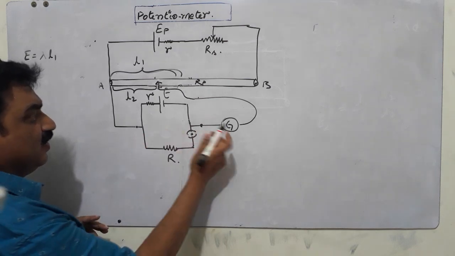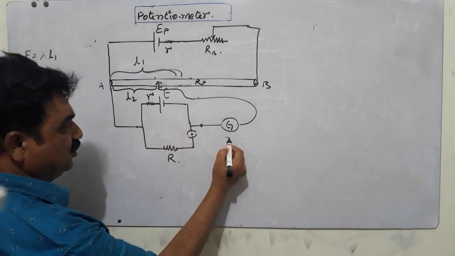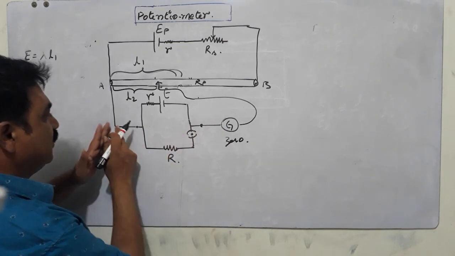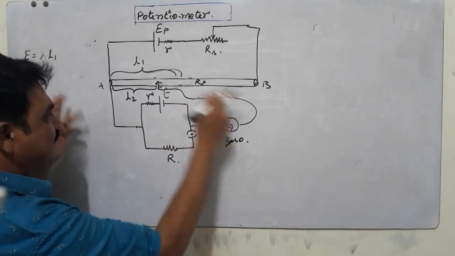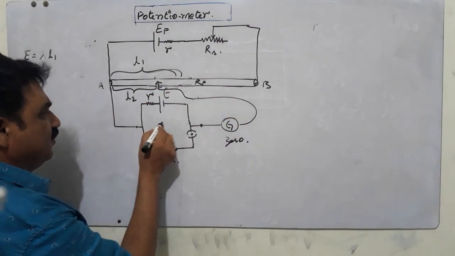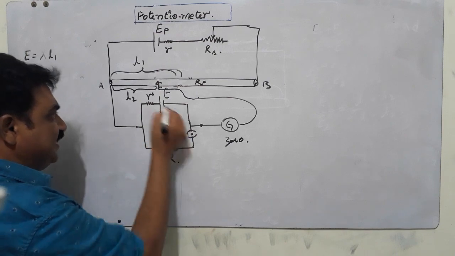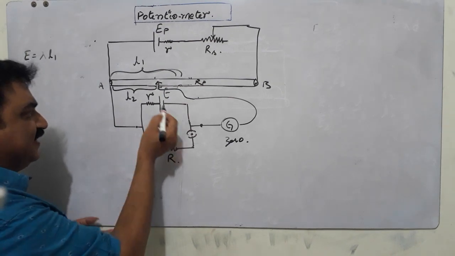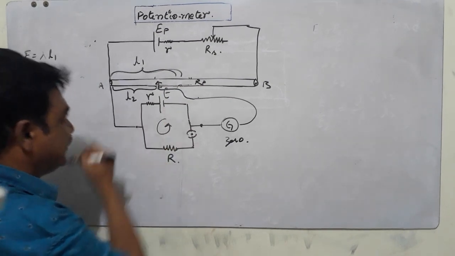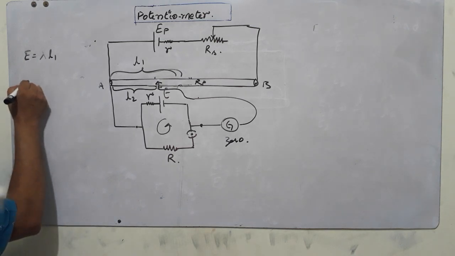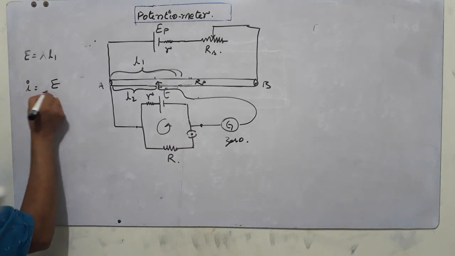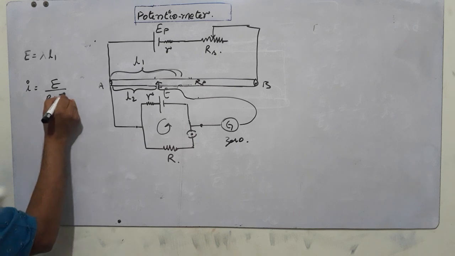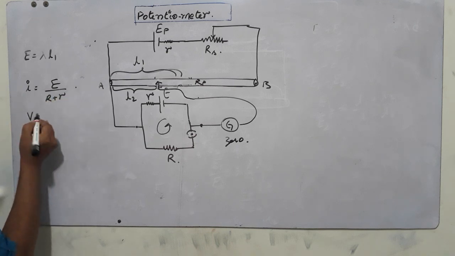See here, the galvanometer is showing 0, meaning there is no current in the external circuit, but there is current within this circuit. As a result of current within this circuit, I is equal to E by R plus small r. And what is the terminal voltage?